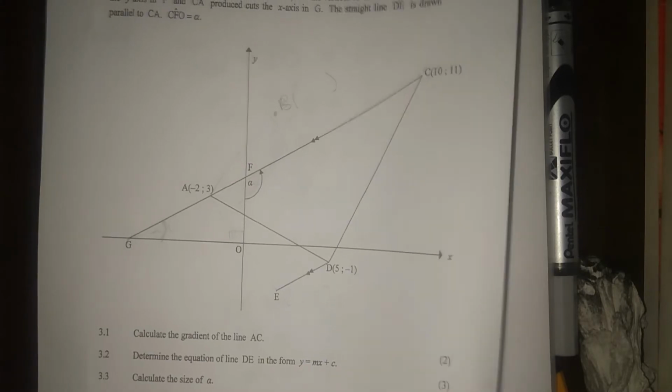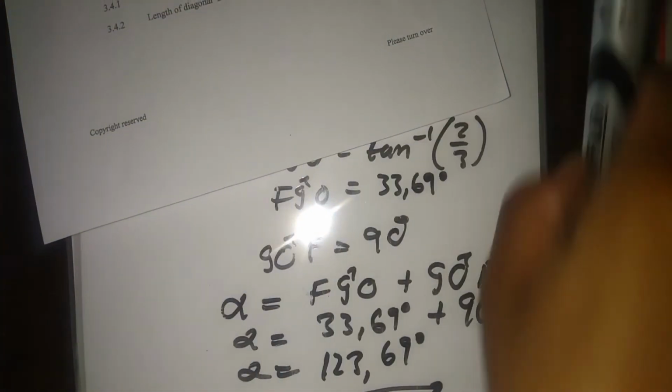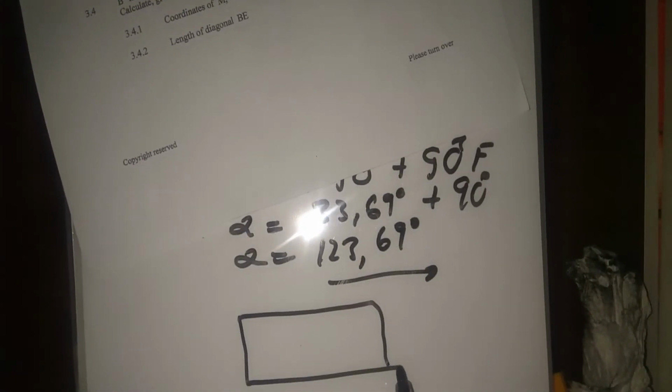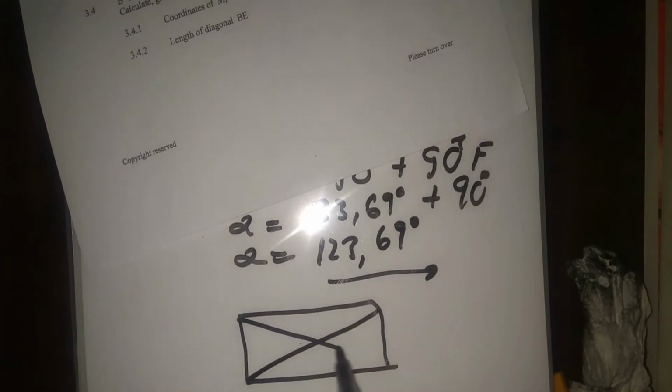The diagonals of a rectangle intersect, and these pieces of line will be equal, meaning the diagonals bisect each other into equal lines, right?